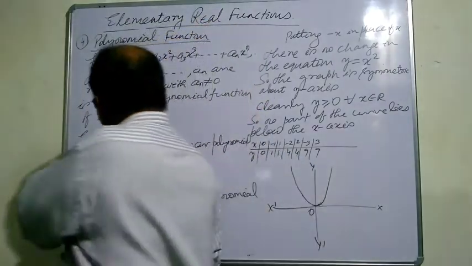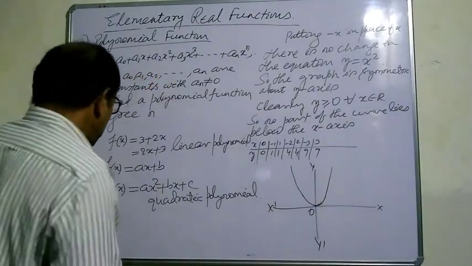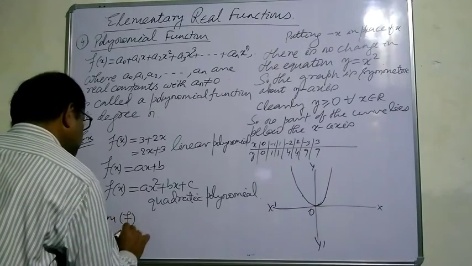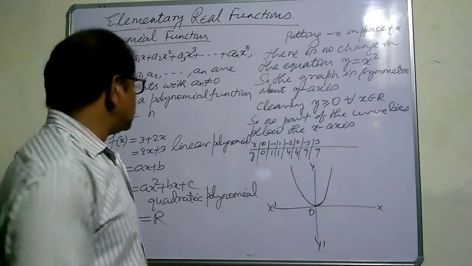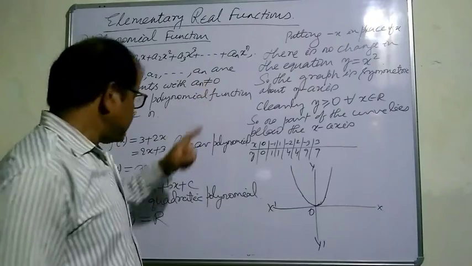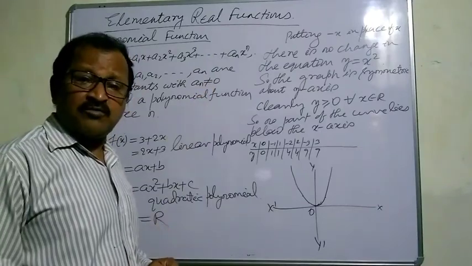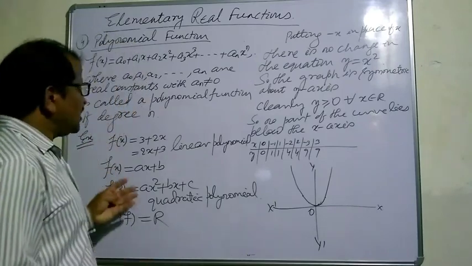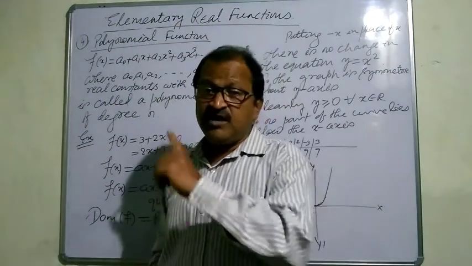And in all cases, whatever the degree may be, the domain of a polynomial function is always R. Range is not fixed; it depends upon the degree of the polynomial. Domain of the polynomial function is R. And its graph also depends upon the value of n.